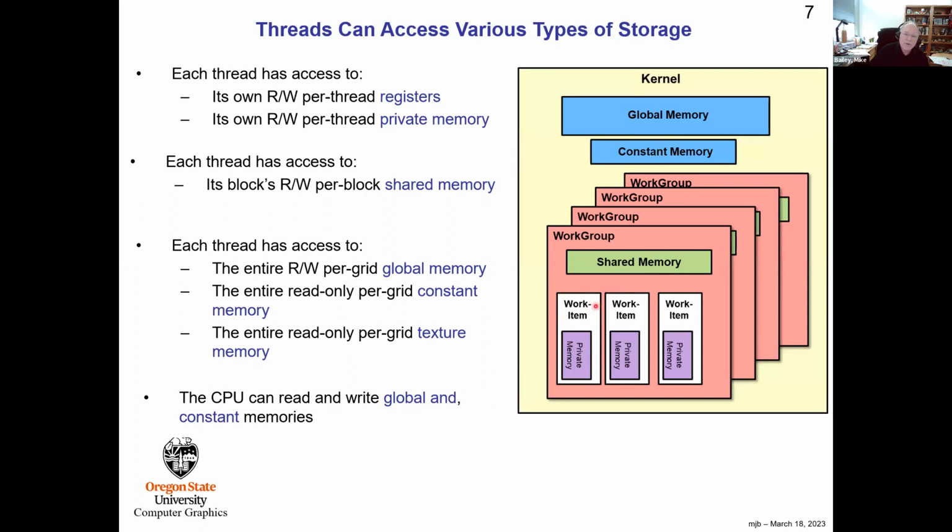Then within each work group, that is that group of threads, there is shared memory that each work item, each thread can get access to together. We're not using it in this example, and I guess we won't in any of the CUDA examples. We will use it in one of our OpenCL examples.